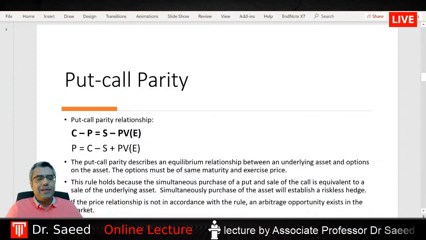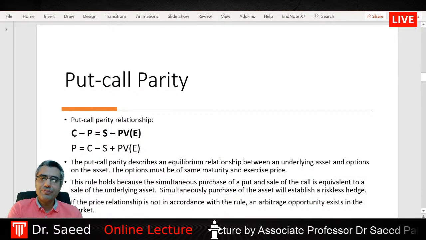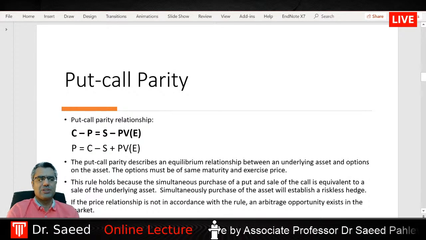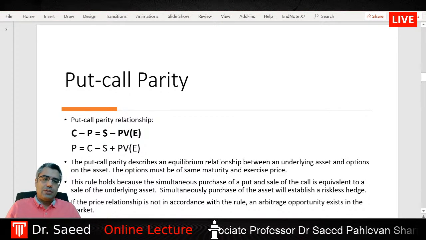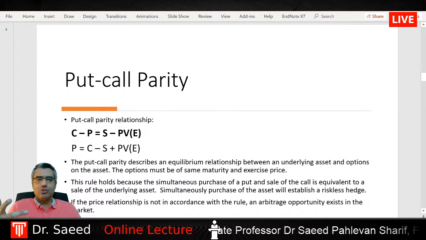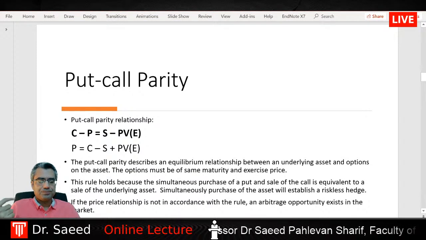Okay guys, so now put call parity, it's used for arbitrage opportunities. The idea behind this put call parity is that there is a relationship between put, call, and spot price, meaning underlying asset price.